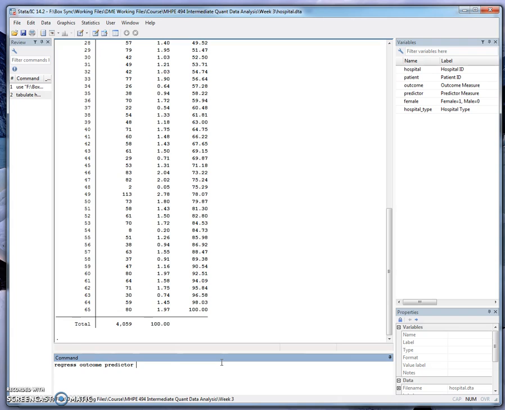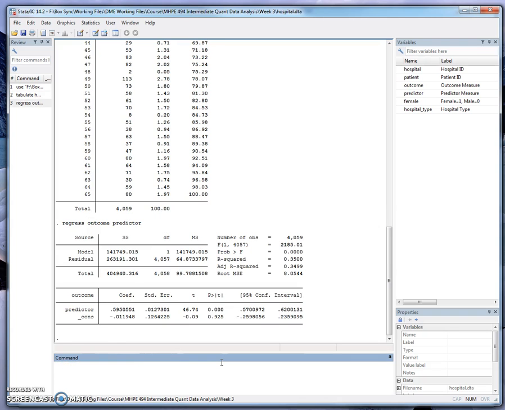This is how we would have done this analysis last week, and we would have seen that, on average, this is the intercept, and for every unit increase in the predictor, the patient outcome variable increases by about 0.60 units. And so this is how we would interpret the data.